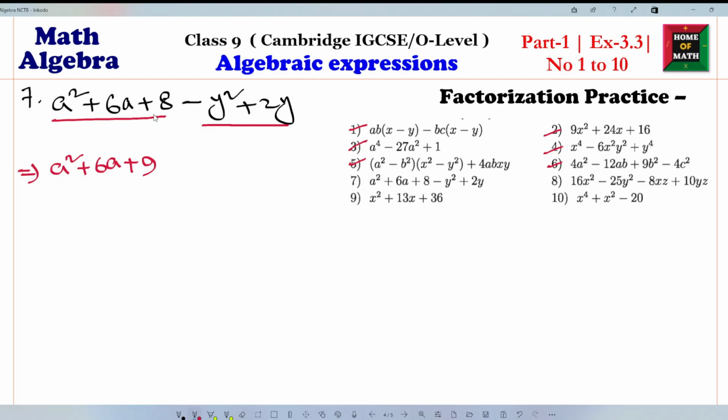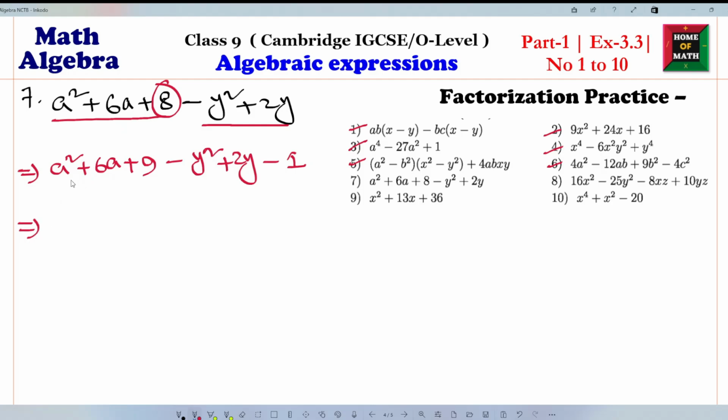So we already added 1, so in the next part we have to minus 1. So here is y square plus 2y minus 1. So plus 9 and minus 1, it means 8.